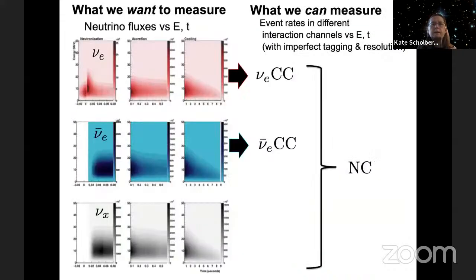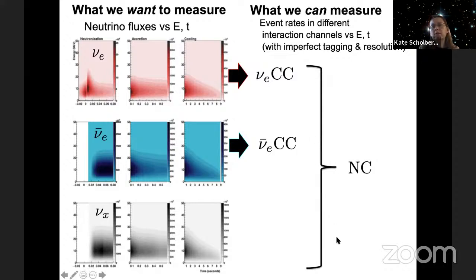And so what we're trying to do as experimentalists to get at all the glorious phenomena that you've heard about is to measure this underlying neutrino flux. On the left-hand side, these are the three flavors as a function of time. This is the truth observable we're trying to measure. And so we have access to this by the nu E and the nu E bar, by charged current interactions that are sensitive to nu E and nu E bar respectively.